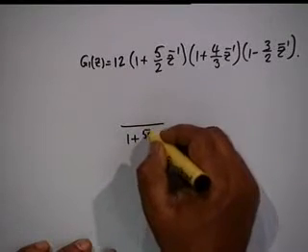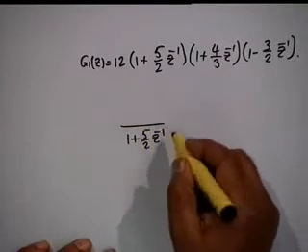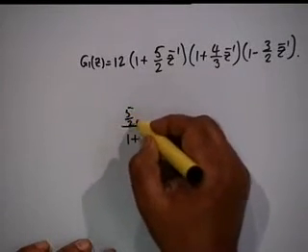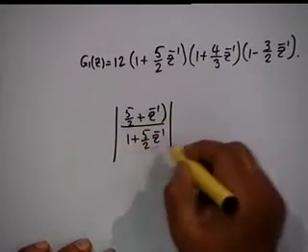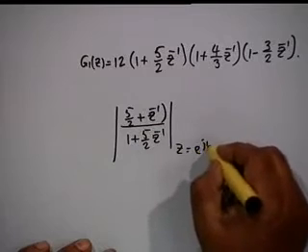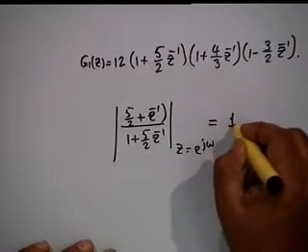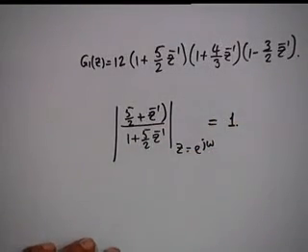Now the magnitude of 5 by 2 plus Z inverse, for Z equal to e to the j omega, it is all pass, and therefore this is 1. This is the clue to the whole solution.